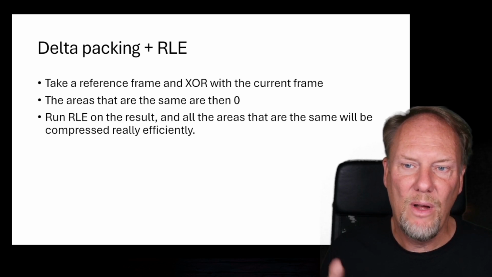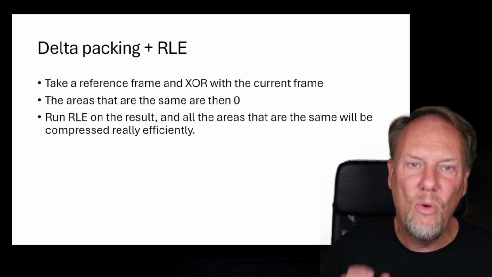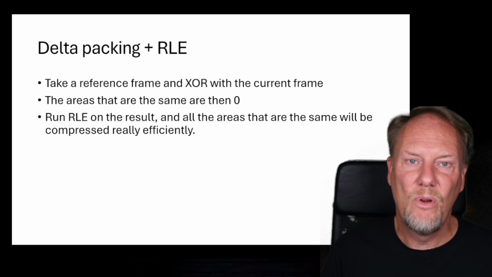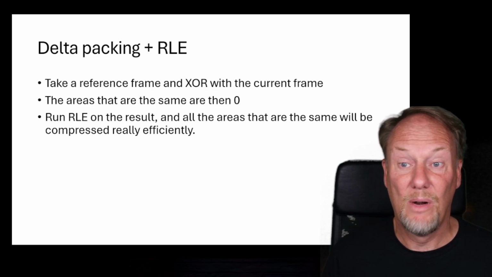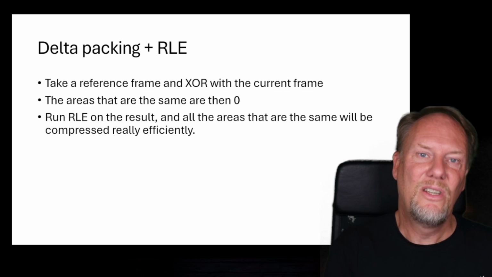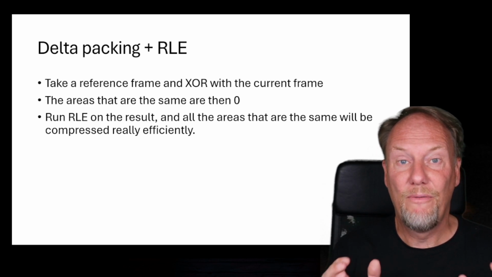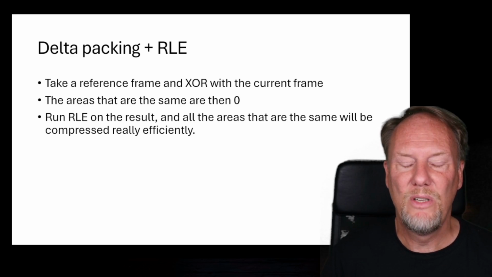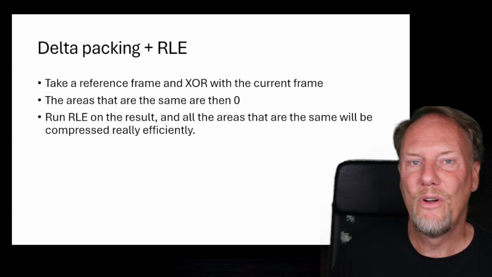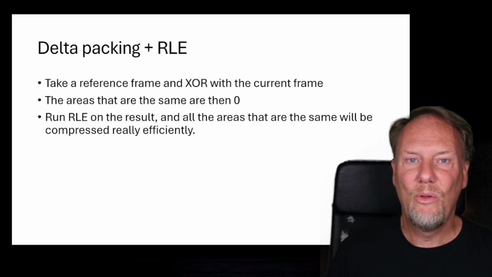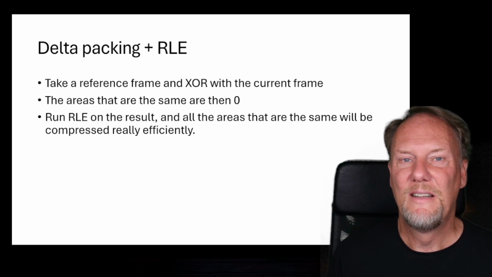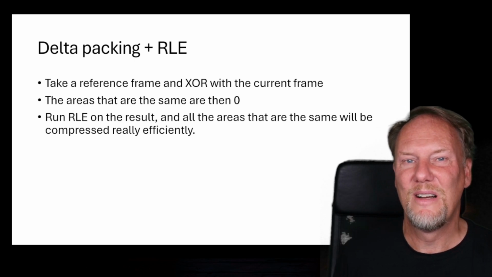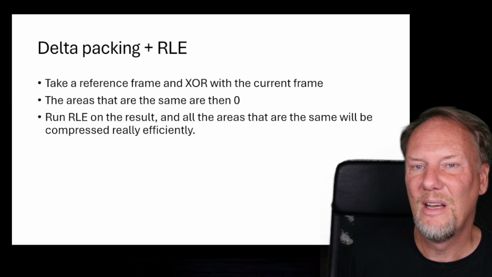And if you apply run length encoding on that, all the areas that are the same would be zeros, and they would compress really efficiently with run length encoding. So the additional frame could be fantastically small if not much change from the original one. That is the trick for doing animations without wasting that much data. It's a rather neat trick. So that was a little bonus thing I threw in there.